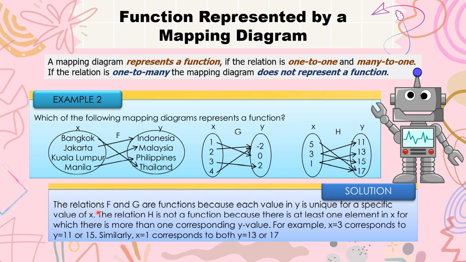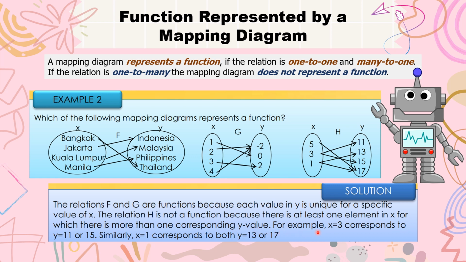Thus, the relations F and G, our relation F and G, are functions because each value in y is unique for a specific value of x. And the relation H is not a function because there is at least one element in x for which there is more than one corresponding value of y.